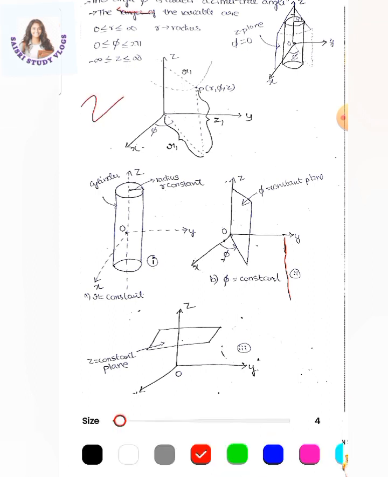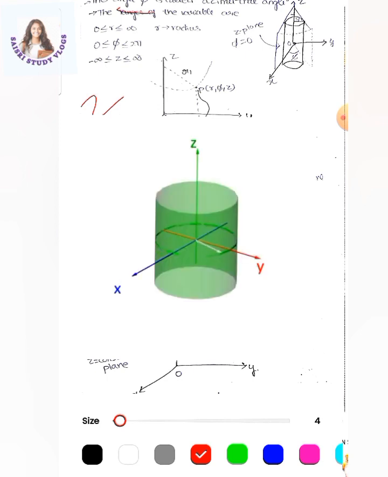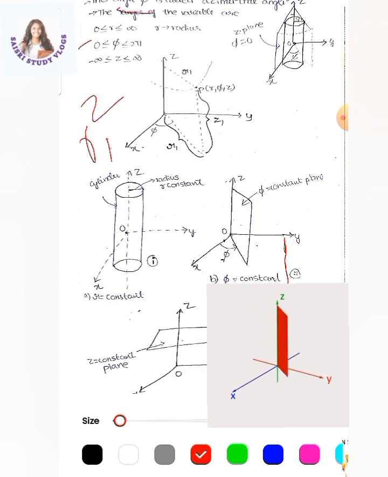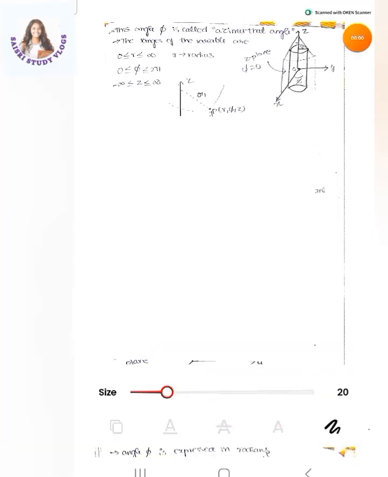We know the z-axis, and we know r is the radius. But what is meant by phi? Phi is the azimuthal angle, that is, the curved surface we have. The range of this angle is 0 to 2 pi. 2 pi is 360 degrees, so the maximum range is 360 degrees and the minimum range is 0 degrees.